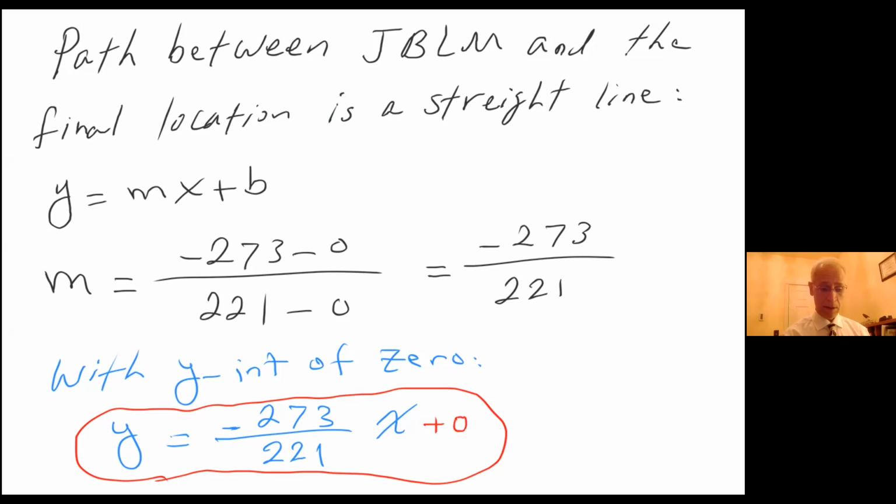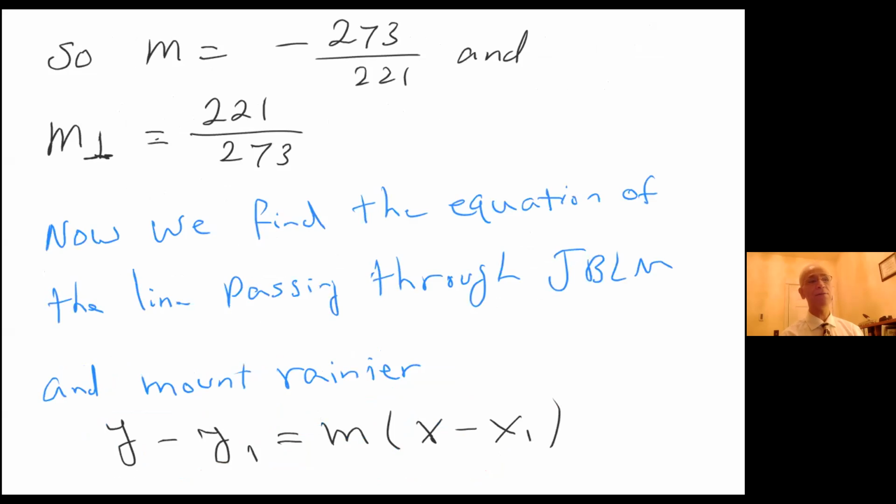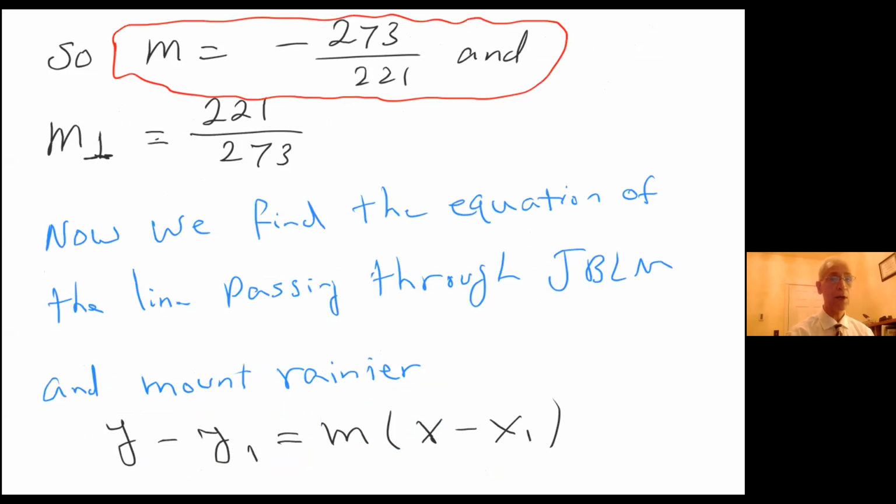So now, let me go to the next page. How can I use that? I know that the slope for that line, m, is negative 273 over 221. So a line perpendicular to it should have a slope of the opposite reciprocal. So the slope of a line perpendicular to that line is positive 221 over 273.